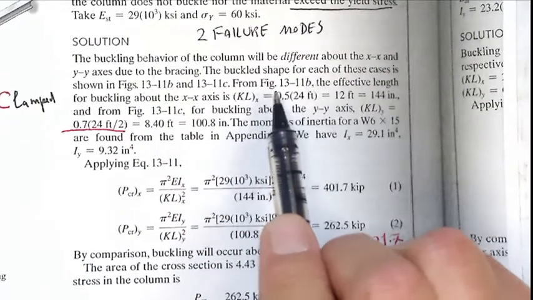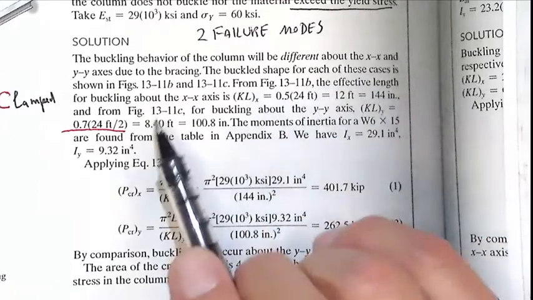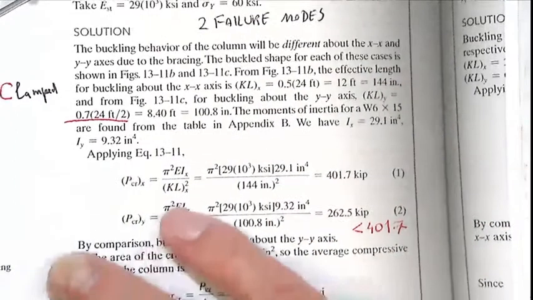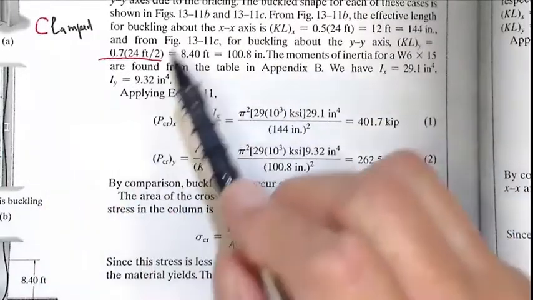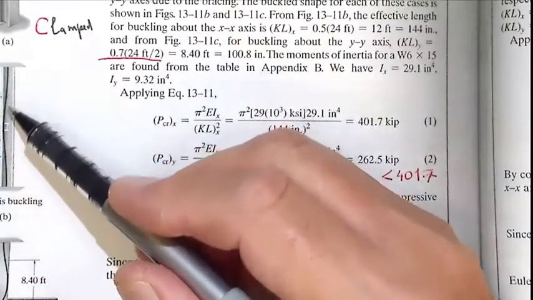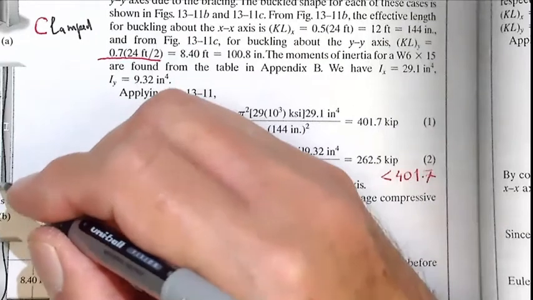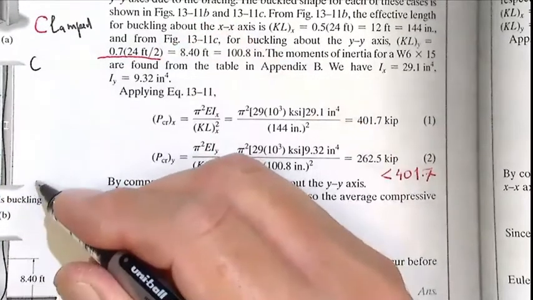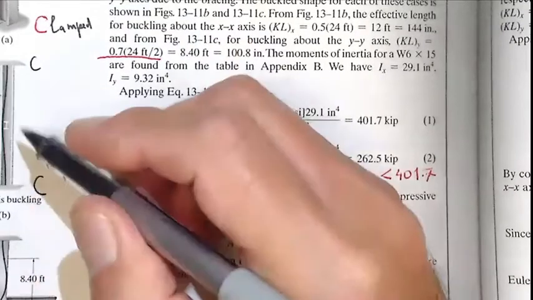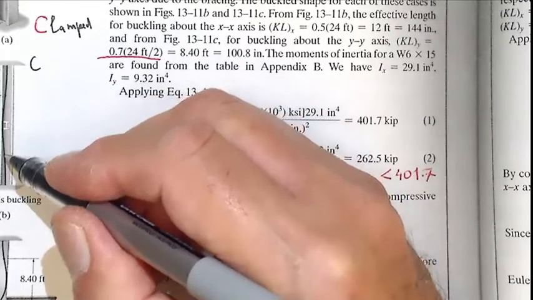The buckled shape for each of these cases is shown here. So that is the clamped case. Okay? And that means that the effective length is 12.